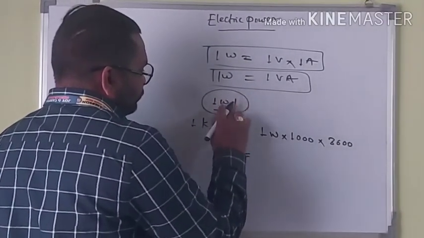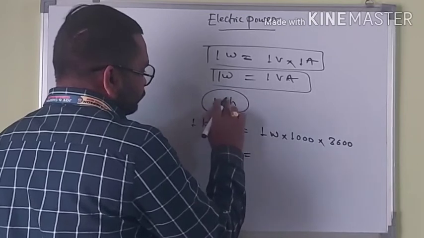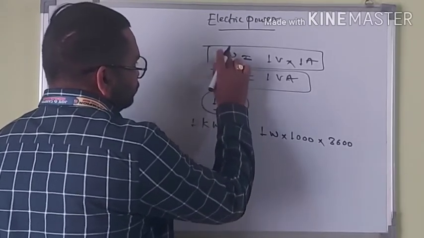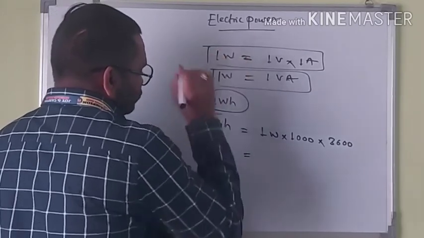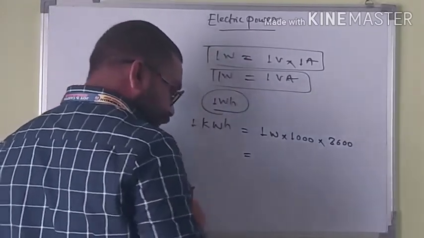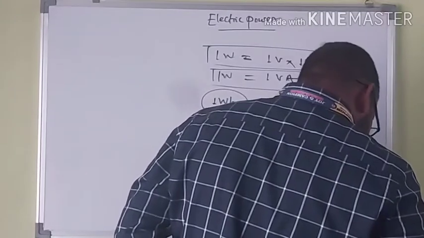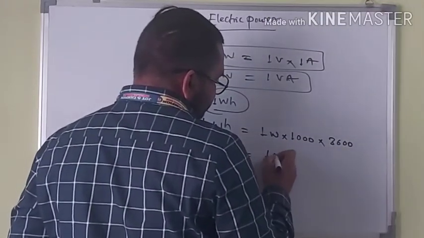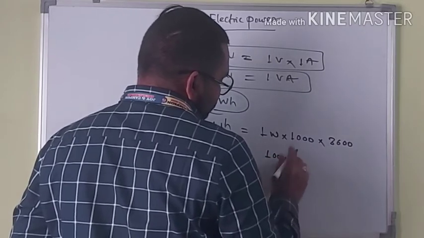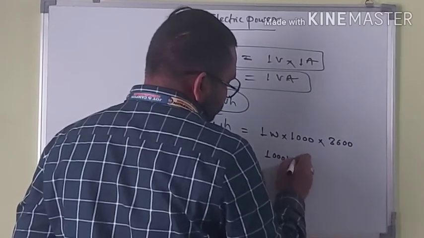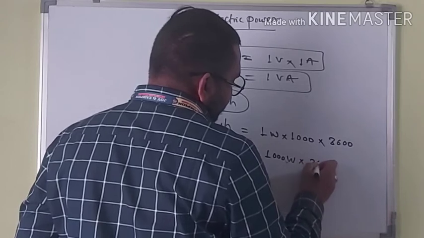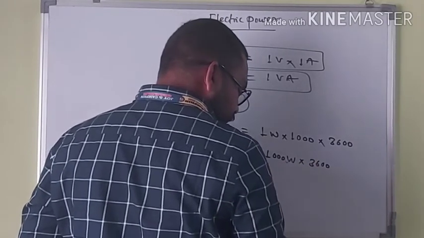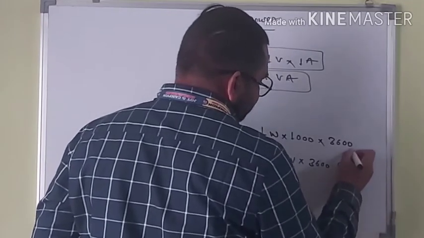Okay, so this is small and this is capital. So 1000 watt multiplied by 3600 seconds.